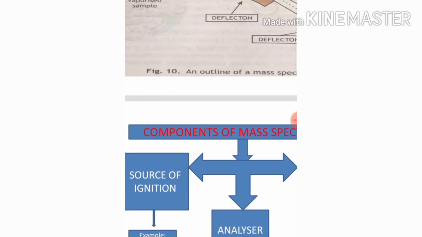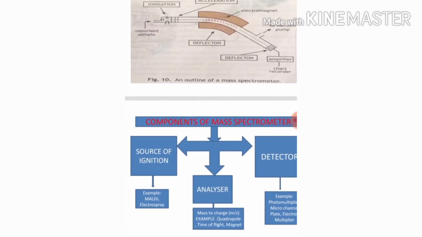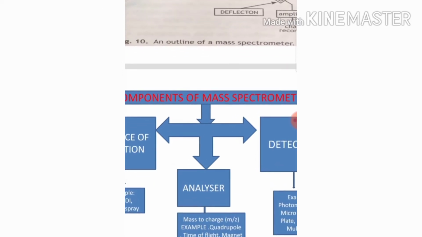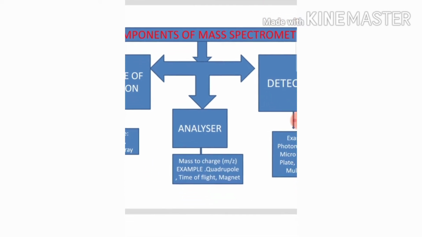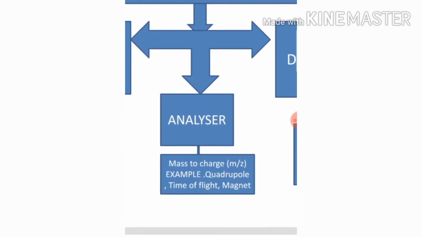Generally, the different components of the mass spectrometer are one ionization unit, then the analyzer unit, and then the detection unit. Ionization we generally do with the help of electrospray and MALDI-TOF techniques. Then in the analyzing unit, in vacuum condition and in the presence of a strong electromagnetic field, the ionic molecules are deflected on the basis of different mass to charge ratio.